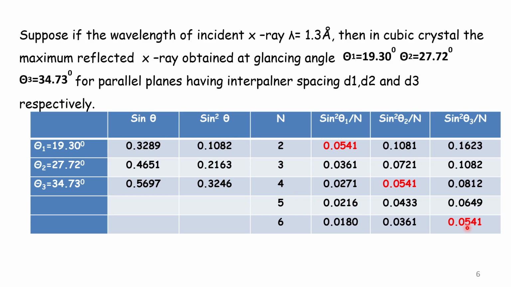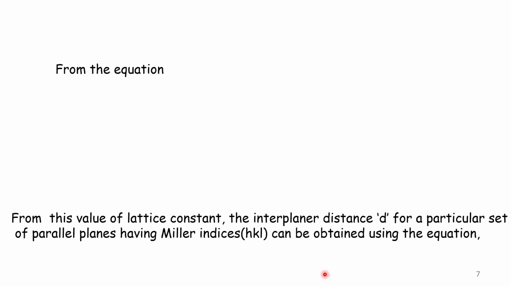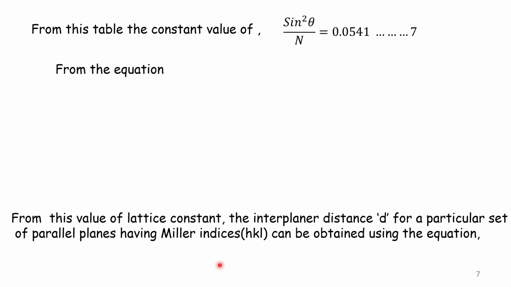And for the glancing angle 34.73 degree, we get the constant value of this ratio sine square theta divided by n corresponding to n equal to 6. Therefore, from this table we can write the constant value of this ratio sine square theta divided by n is equal to 0.0541.